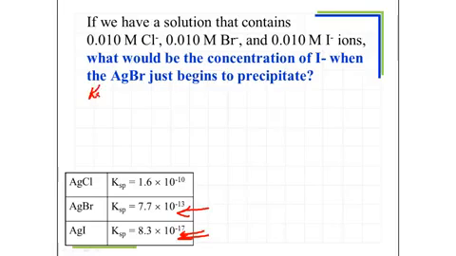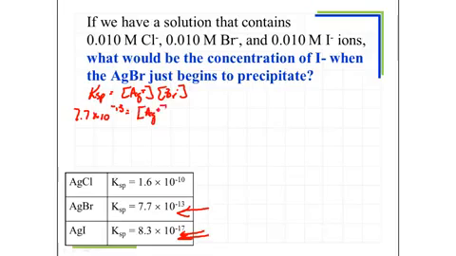The Ksp for silver bromide would be the silver concentration times the bromide concentration. So Ksp for silver bromide is 7.7 times 10 to the minus 13. That is going to allow us to figure out how much silver is needed to precipitate this bromide.